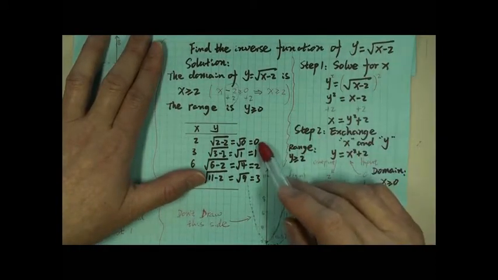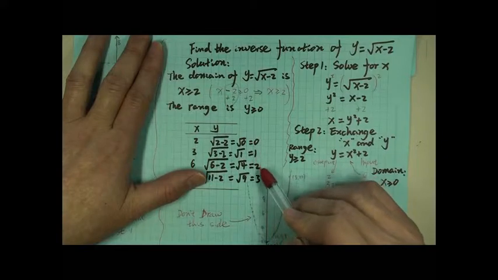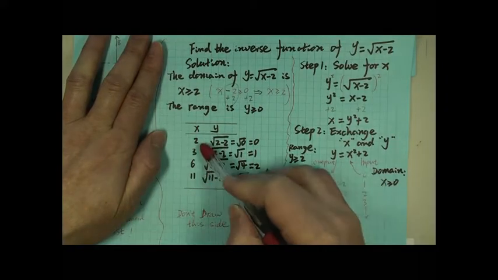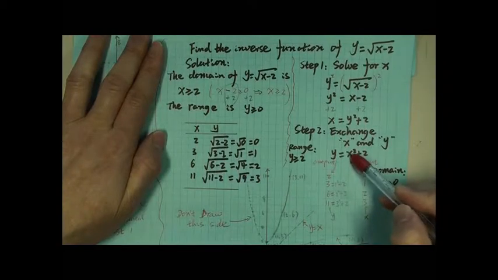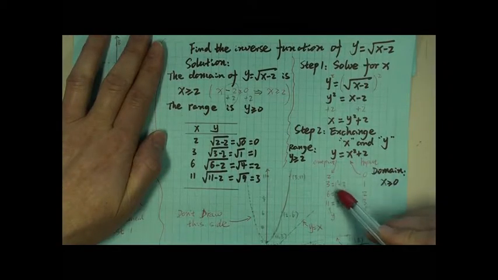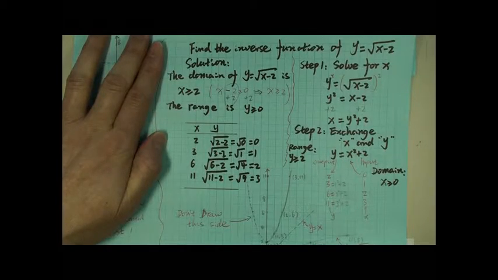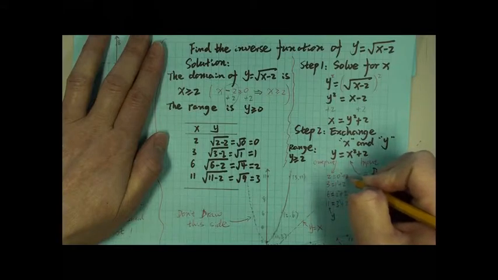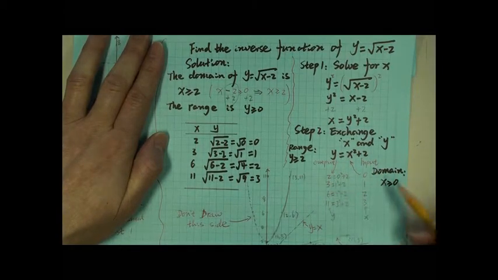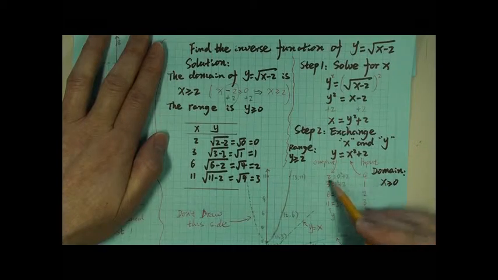Look, you want to input 0, 1, 2, 3 to check that you can get 2, 3, 6, 11. If we input 0 here, 0 squared plus 2 gives you 2, because 0 squared is 0. So you input 0, you do get 2.